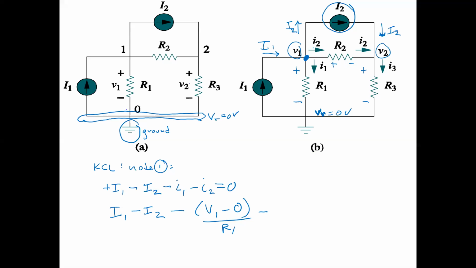So it could be V1 minus V2, because V1 is associated with the side of R2 that we've labeled with the plus sign because of passive sign convention for the I2 current, and V2 has a minus sign associated with it. So we say minus (V1 minus V2) over R2 equals 0, because this is the definition of I1, and this is the definition of I2.